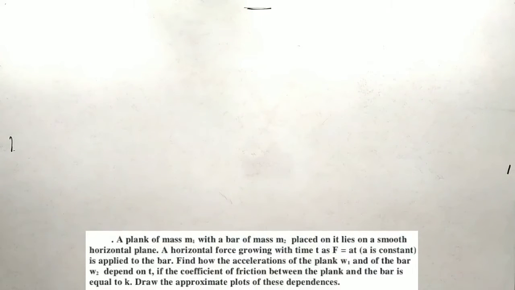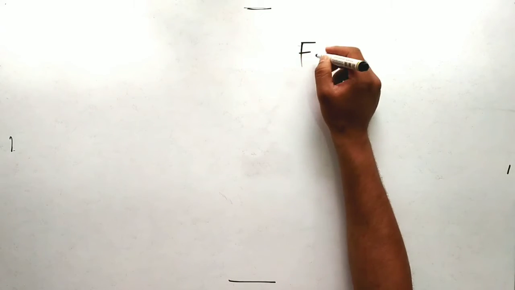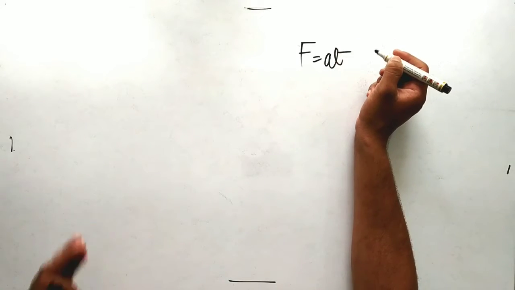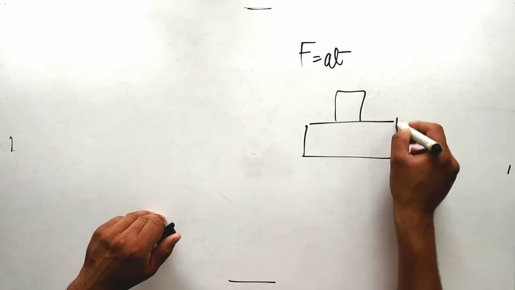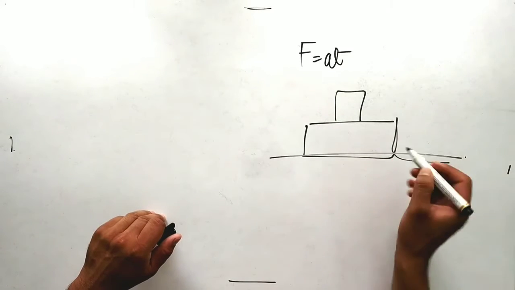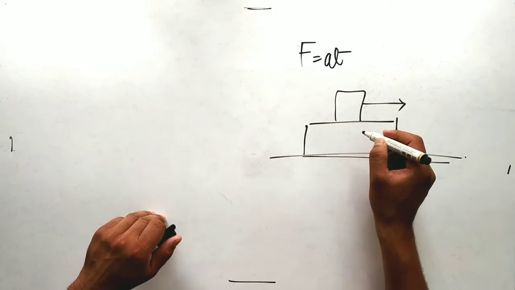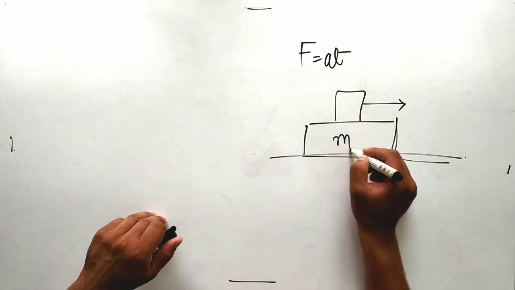For such kind of a problem, you need to understand that the blocks will move together till the force F reaches a particular value, and after that the bar will start moving with an acceleration larger than the acceleration of m1.